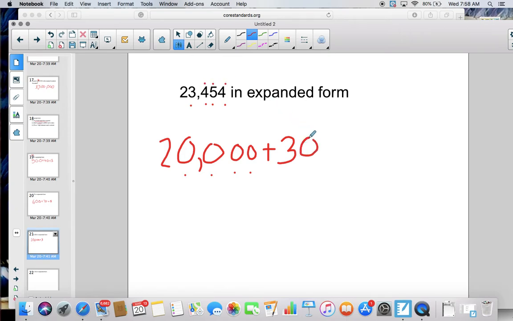So we're going to add 3 zeros. That 3 is 3,000 plus 400. I'm going to go on to the next line. Plus 50 plus 4. Put a big thumbs up in the air. We're going to be watching to see if thumbs up.